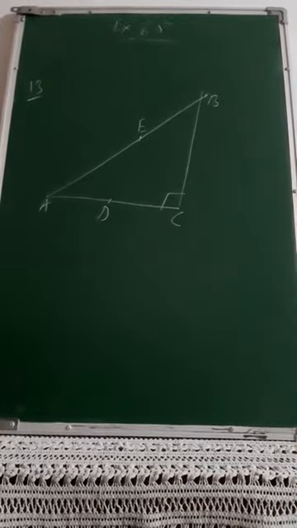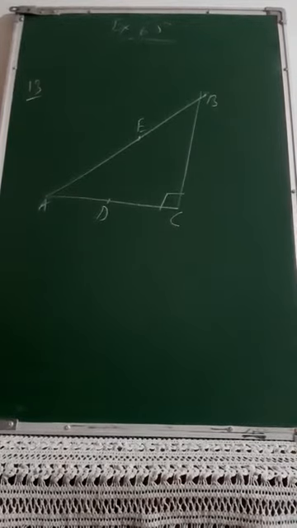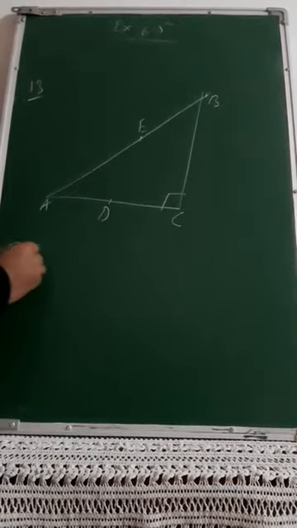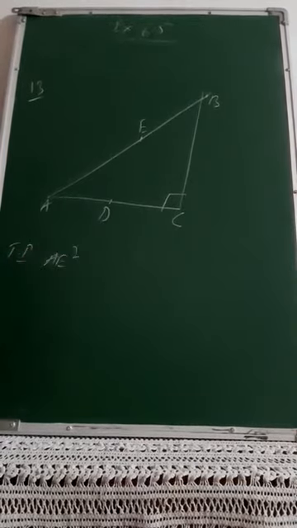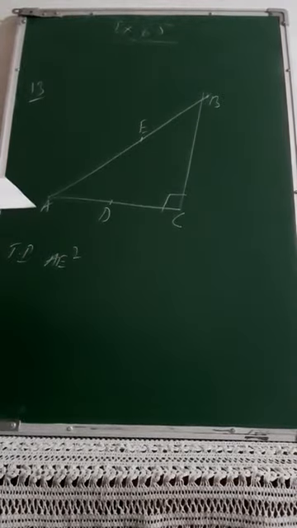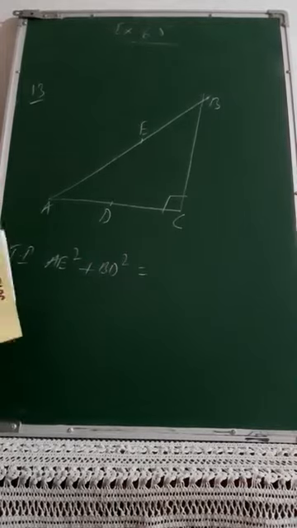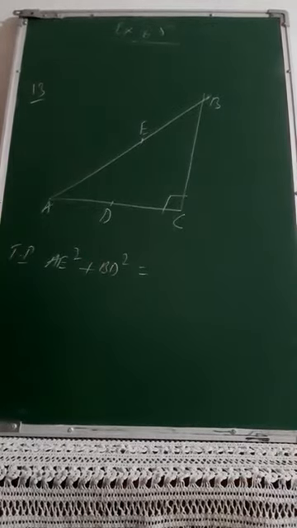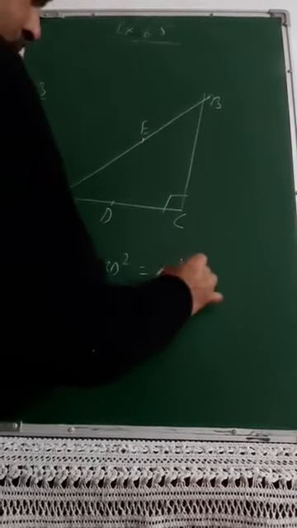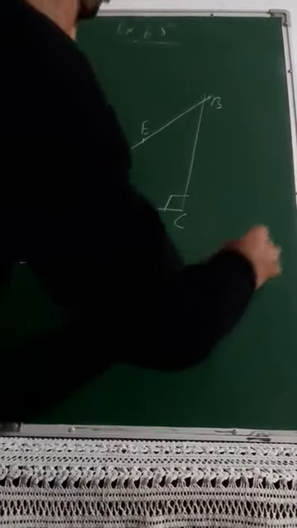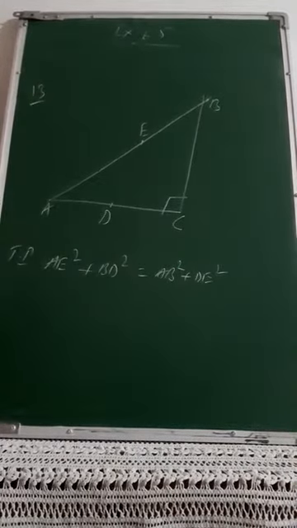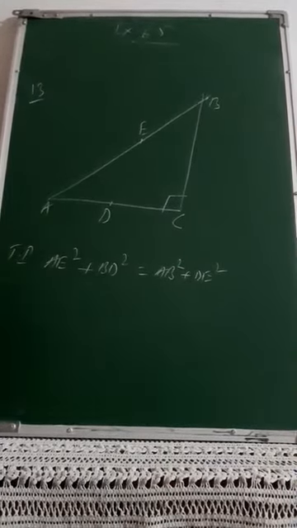And then you need to prove AE square plus BD square is equal to AB square plus DE square. Fine. This you need to prove here. Again you see I need AB square plus DE square.